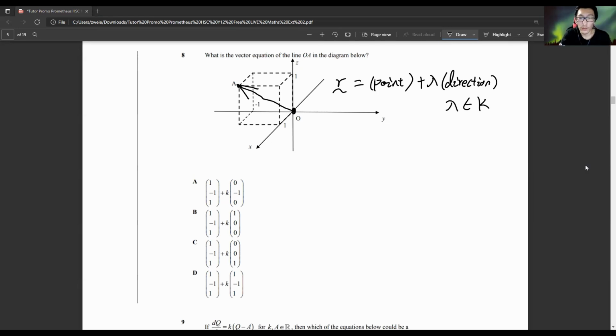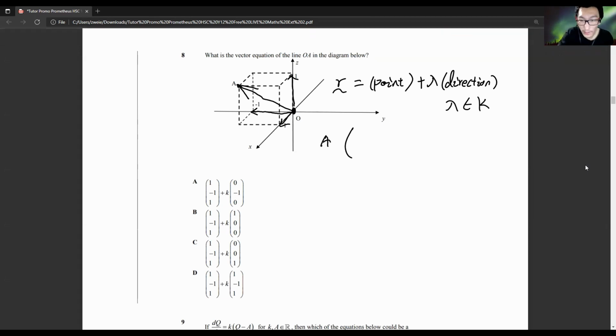Right, so let's figure out point A. We can see that A is all the way to the left, all the way down the bottom, and all the way up the top. So let's look at my point for A. Our point should be x, y, and z, right? Looking at my x, it is at 1, down at 1.